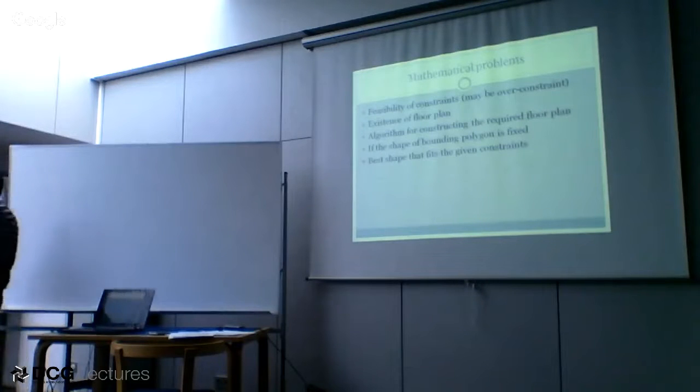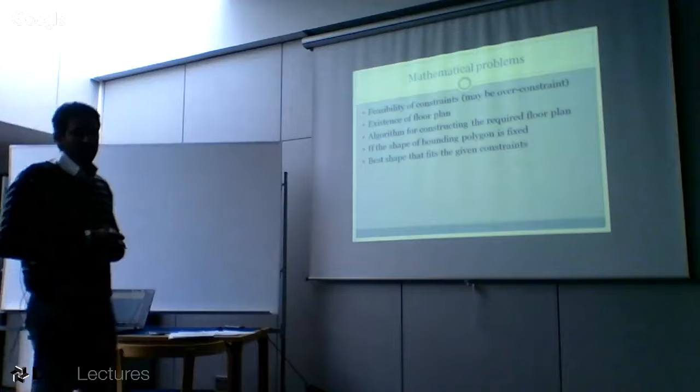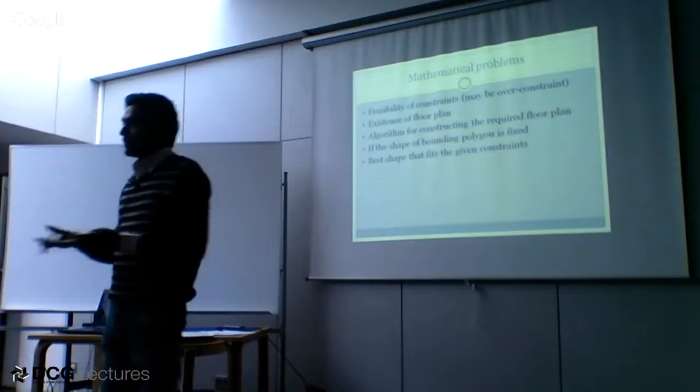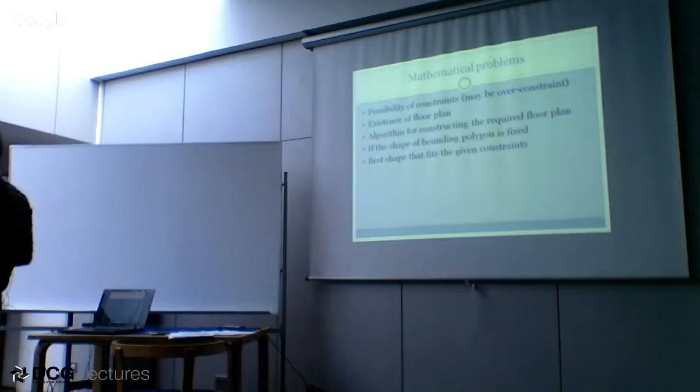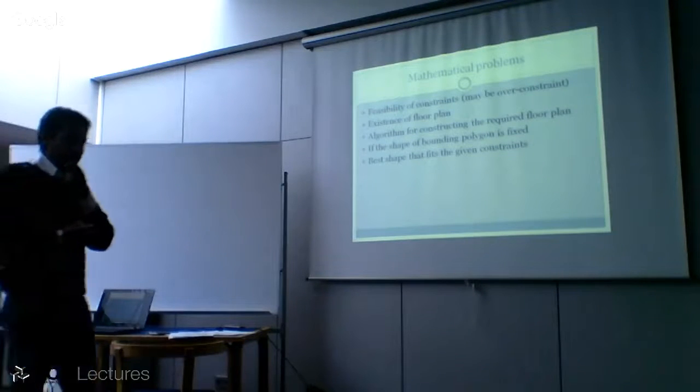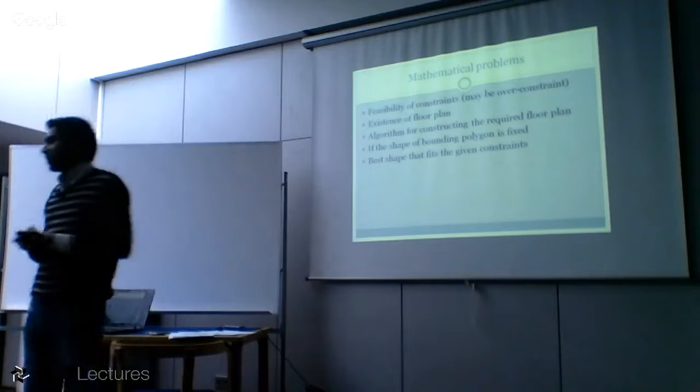If you see this problem, it doesn't look complicated. If someone asks, okay, I have these 5 rooms, I want this adjacency relation, can you draw a floor plan for me? Obviously you take a pen and paper and you start drawing something, and at the end of the day you may have some solution or some floor plan.